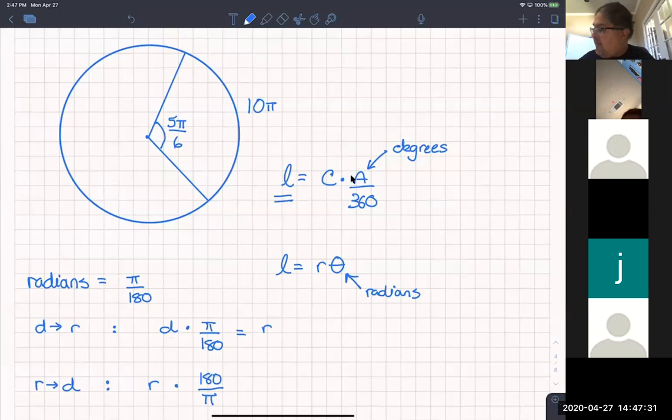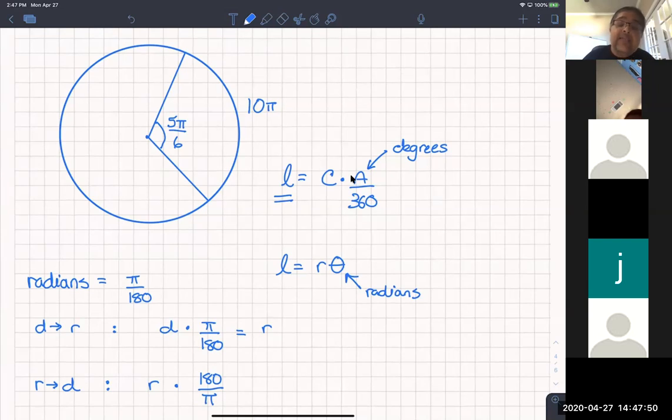The formula I gave you was the circumference times the angle over 360, if the angle is measured in degrees.